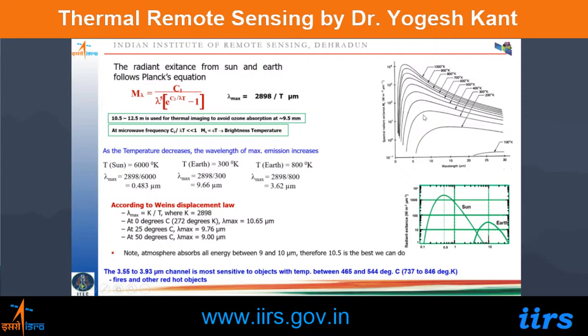If it is a real object on the surface, not a black body, the emission will be less than this. For example, it will be 40. So that is 40 divided by 50, around 0.8. That will be the emissivity, the efficiency of the material with which it emits as compared to the black body.